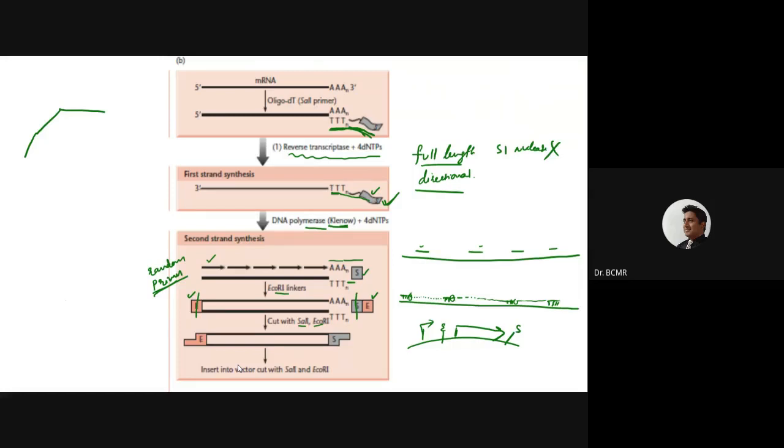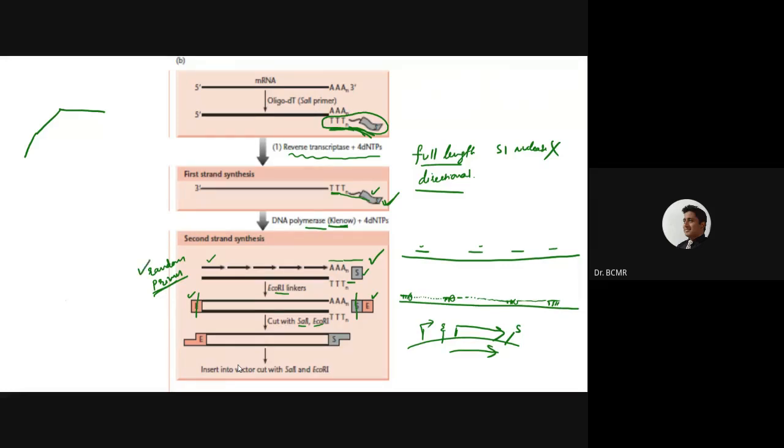So what are the advantages of this? In the same protocol, we can generate a full length cDNA, and we can also make it a directional cloning. Those are the advantages of this. Quickly, the key points in this protocol are adding the Sal1 sequence to the oligo dT primer.